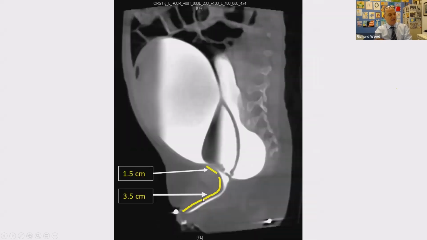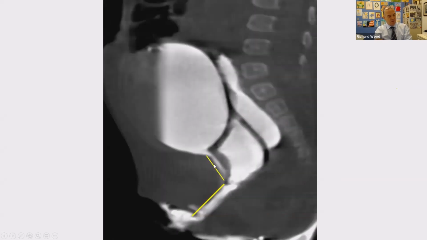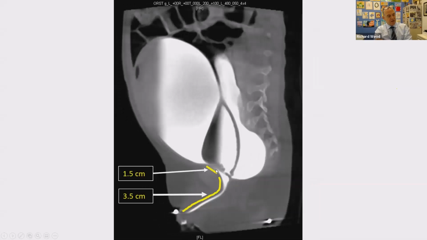And here's a patient with a longer common channel and a urethra, which is not bad, but a longer common channel. And you can see how the anatomy of these 3 patients is different. Longer urethra, good urethra, getting shorter urethra as the common channel gets longer.